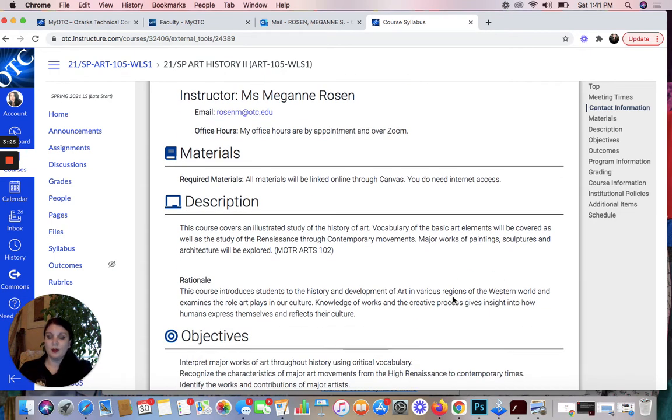I'm not going to read the syllabus to you, but you can look at that yourself. Basically, the course covers the history of art and some architecture, and it's the second history of art. The first art history survey goes from Paleolithic times all the way up through the late Gothic period, and this class picks up where Art History 1 leaves off.